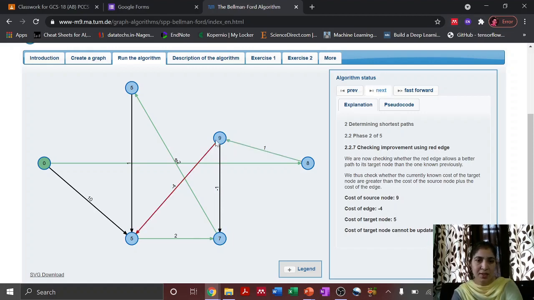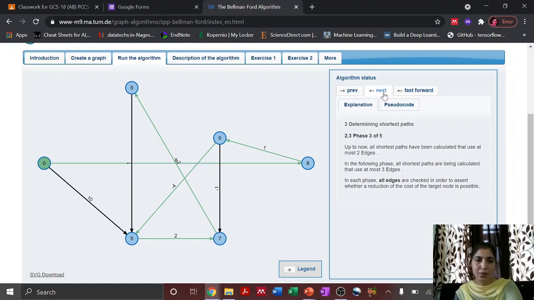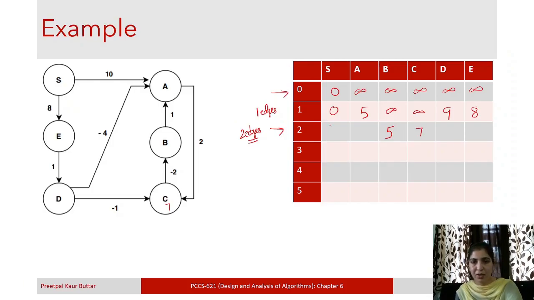Next we are considering this 9 minus 4, which is 5. Already we have 5 here, so it will not be updated. And then I think this is the last edge we are considering. 5 plus 1 is 6. Already we have a better distance here, so it will not be updated. We have completed the second iteration also. Other distances will simply be copied.